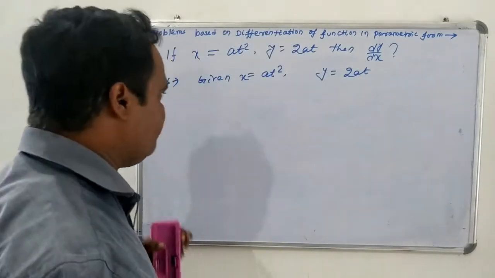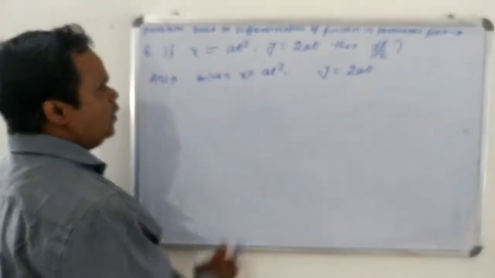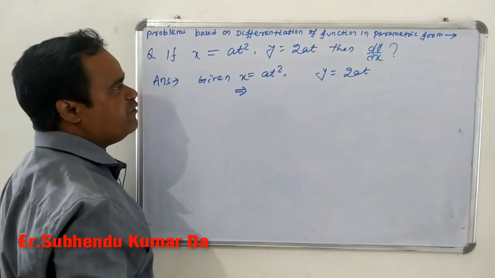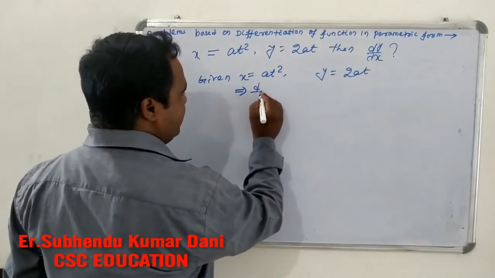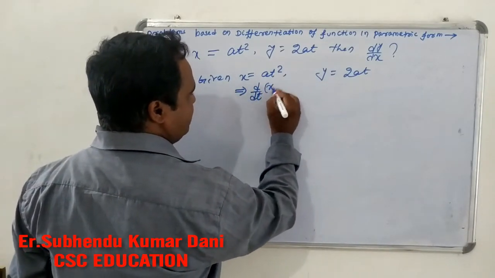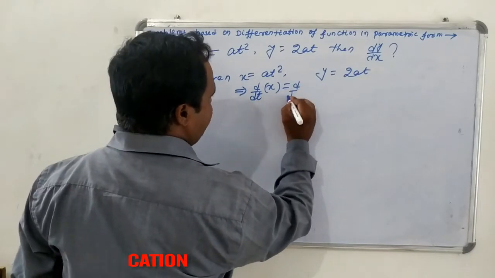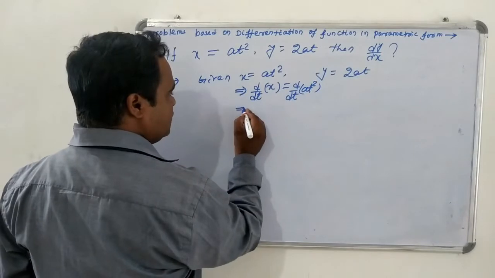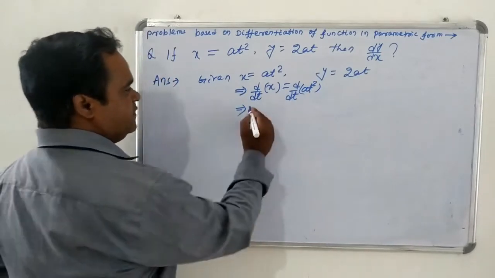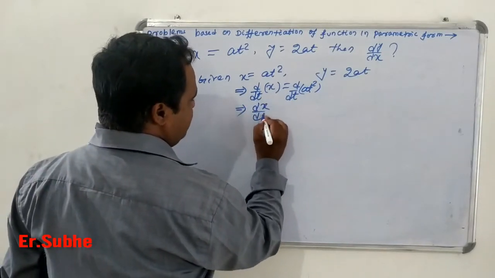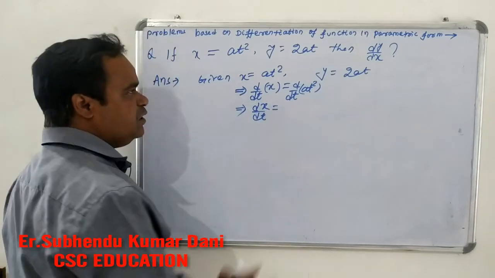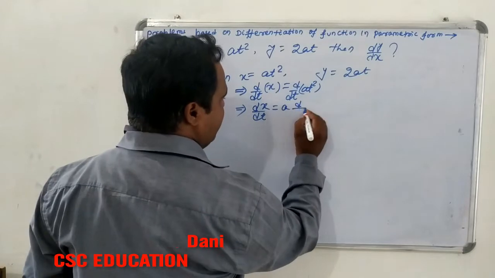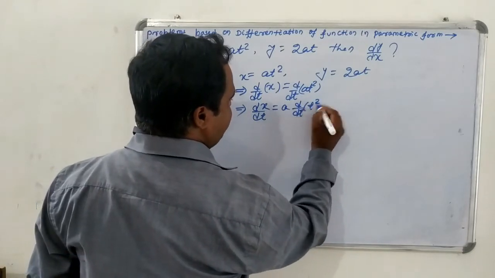First step: x is a function of t, so taking d by dt on both sides, d by dt of x equals d by dt of at square. This implies dx by dt equals a, which is a constant factor, times d by dt of t square.